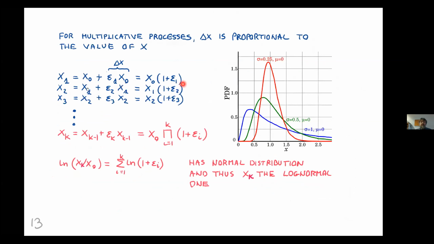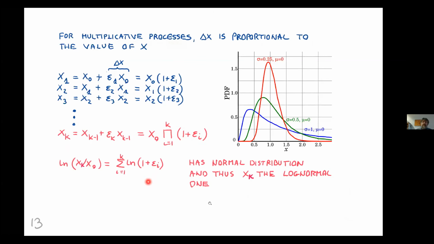And so on, and so on, and so on. xk is x0 times the product of 1 plus epsilon i. Instead of a sum, I now have a product. Okay, then of course, if I have a product, I take the logarithm of xk over x0, and then I have a sum of logarithms. And under each logarithm, I have a random variable, right?